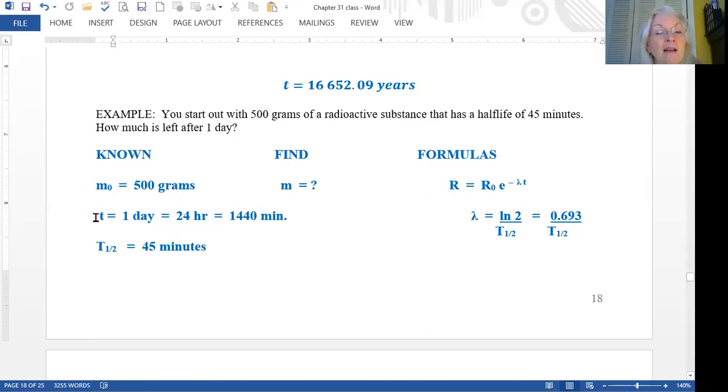Because time and half-life have to be in the same kind of units, just like R and R0 have to be in the same kind of units. When we work with this, lambda and t have to be in comparable units, and that means we have to have half-life in the same units as time. So 1 day is 24 hours, which would be 1,440 minutes. And our half-life is 45 minutes.